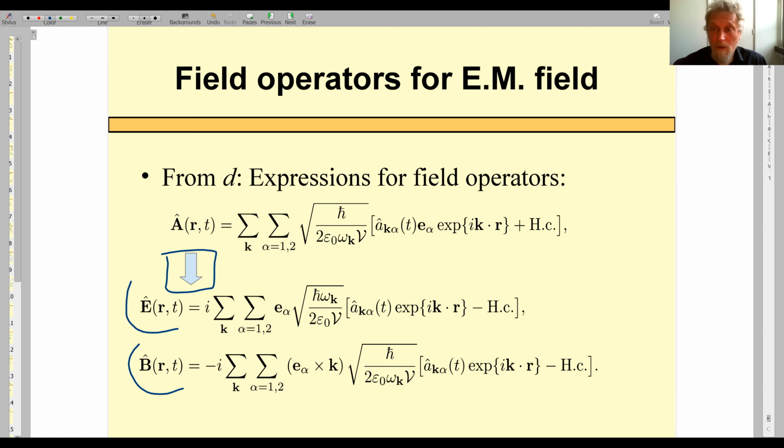Well, I just recall standard relations which we learned when talking about Maxwell equations. The magnetic field is actually the curl of the vector potential.